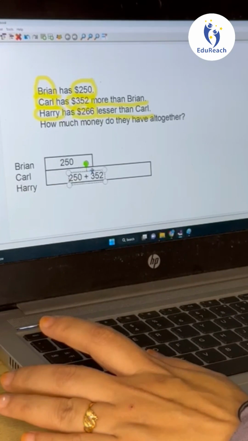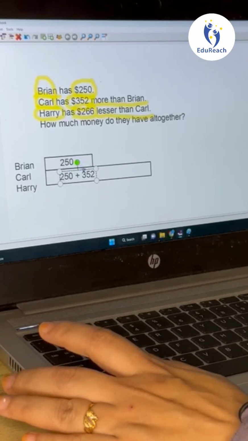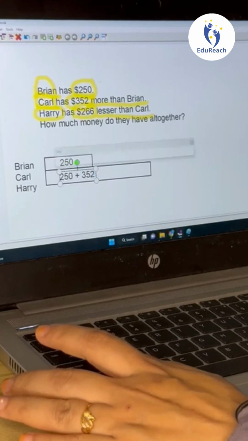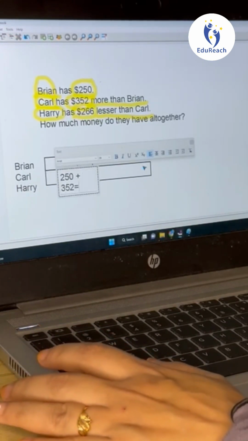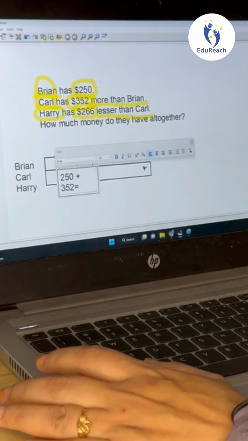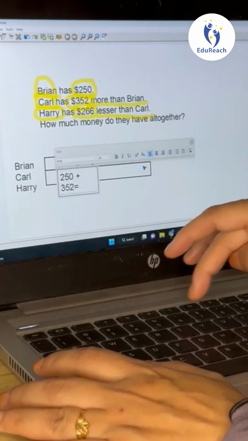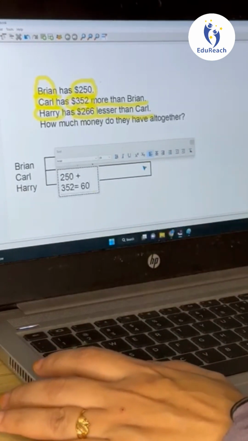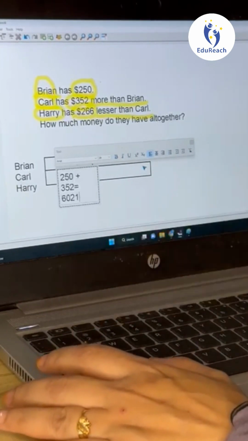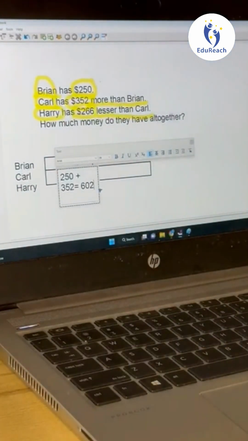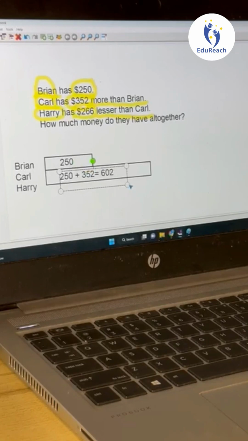So how much is 250 plus 352? They will get it as 602, okay? Let's make this longer. So 250 plus 352 is 602.